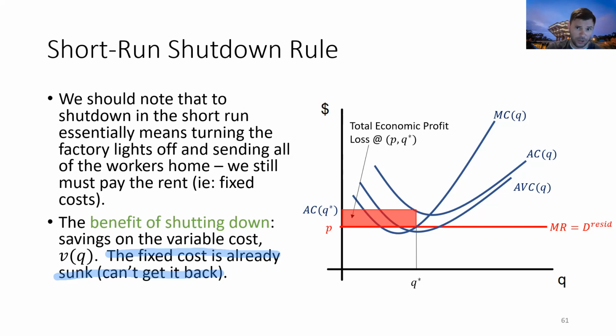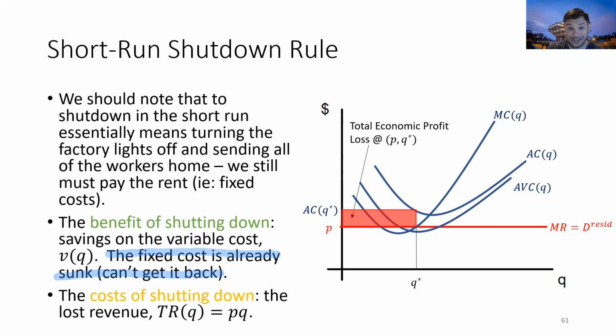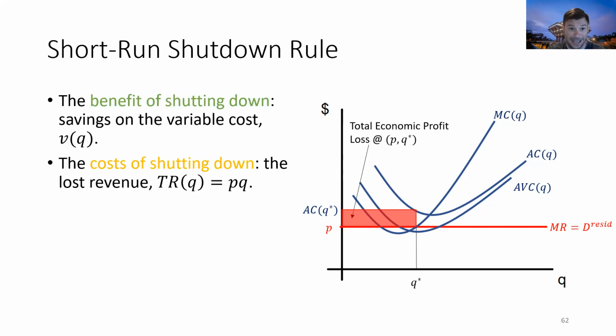The implicit cost is we're not going to be able to capture any revenue if we're shutting down. So what we need to think about in terms of whether or not we should shut down is, does the benefit of shutting down outweigh the cost of shutting down?